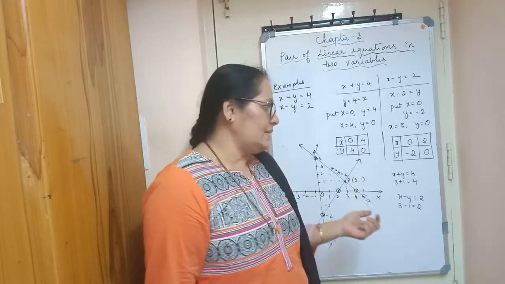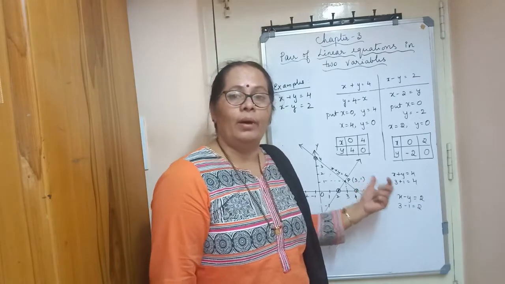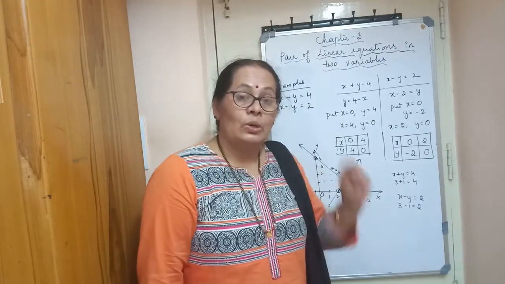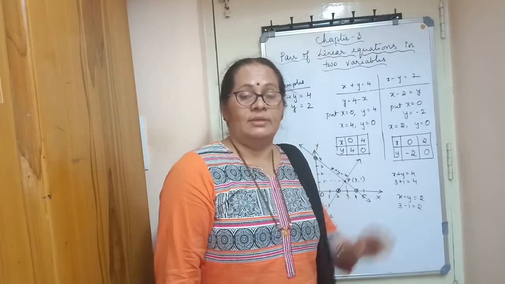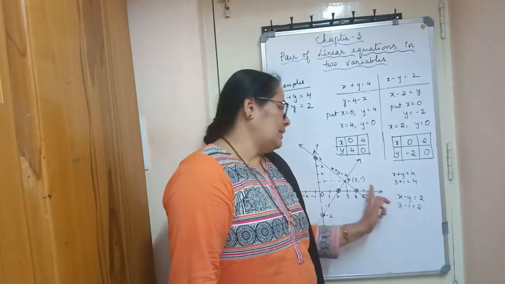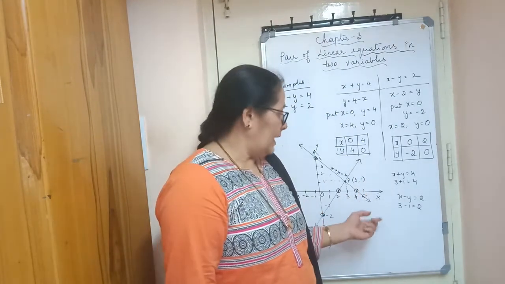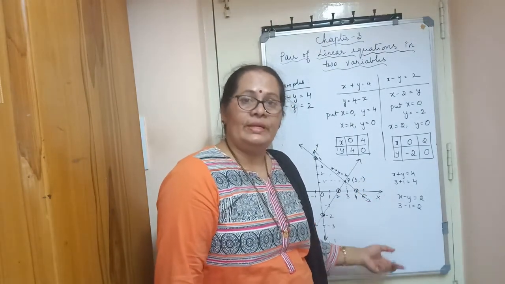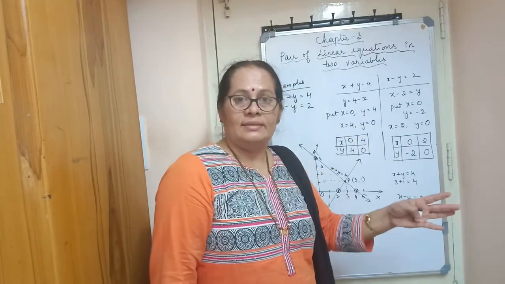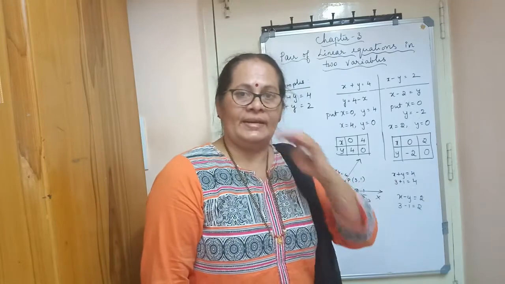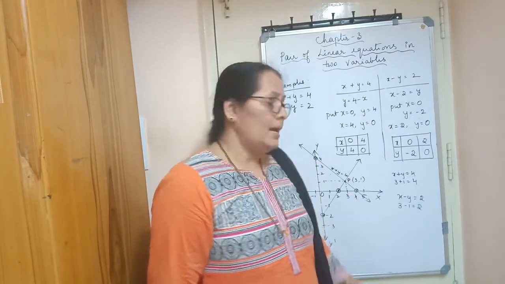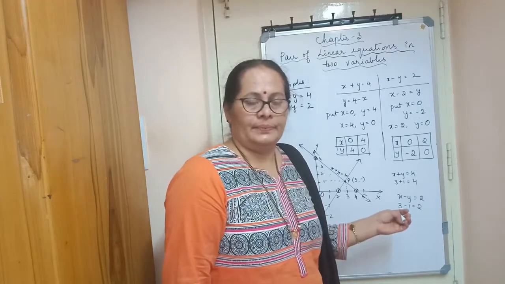Those lines intersect at the point 3, 1. So 3, 1 is the solution of the equations, where the x value is 3 and the y value is 1. We can cross check by substituting the values in the given equations. If LHS is equal to RHS, then you can say this is the solution of the equation. Understood? Like this we can cross check.